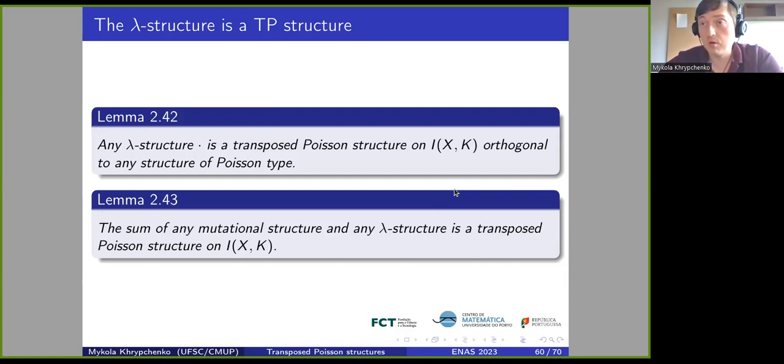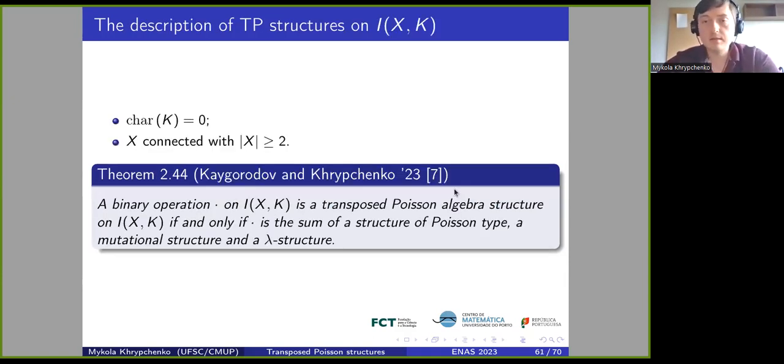So the sum of Poisson structure, mutational structure, and lambda structure is a TP structure, and the converse also holds. All the TP structures on the incidence algebra of a finite connected poset over a field of characteristic 0 are of this form. They are sums of structures of Poisson type, mutational structures, and lambda structures.